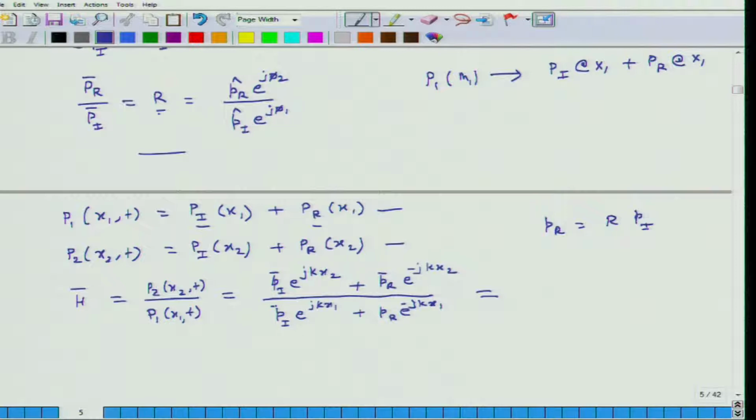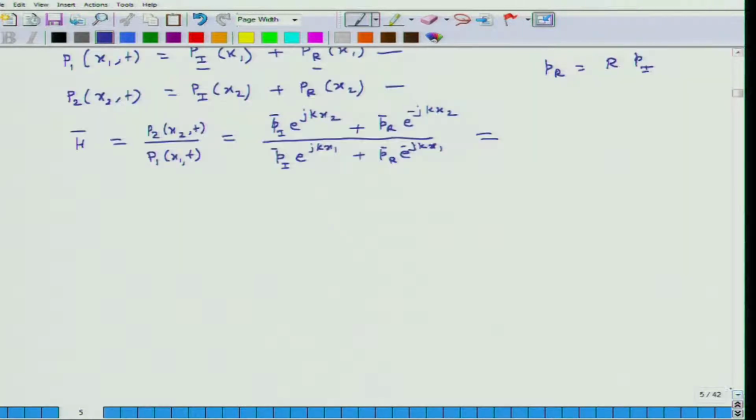So if that is the case, and I divide the whole thing by Pi, the numerator as well as the denominator, then I get e^{jkx2} plus R e^{-jkx2} divided by e^{jkx1} plus R e^{-jkx1}.